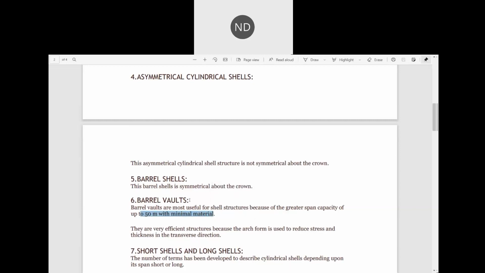When you have walls, that means some arch kind of things with the barrels that bulge outward, but you have some arches also there. So that is your barrel vault, useful for greater span capacity up to 50 meters, when you have a structure of a greater height. In that case, you can use these barrel vault shell structures.